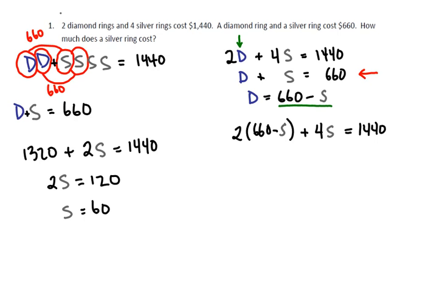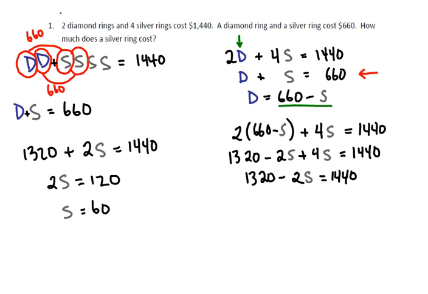Now we're going to use the distributive process to multiply 2 times 660 and 2 times s. And at this point we have 1,320 minus 2s plus 4s. So what we want to do is combine the like terms, negative 2s plus 4s. And that gives us 1,320 plus 2s is equal to 1,440.